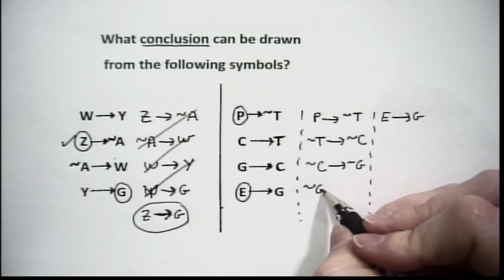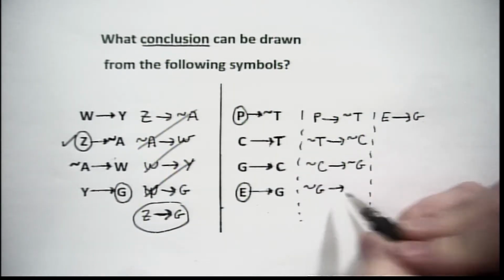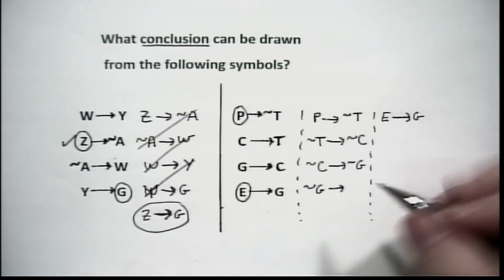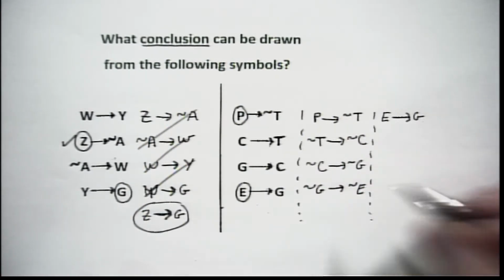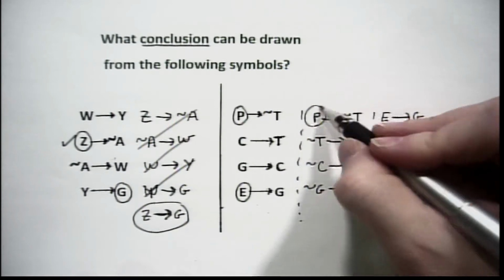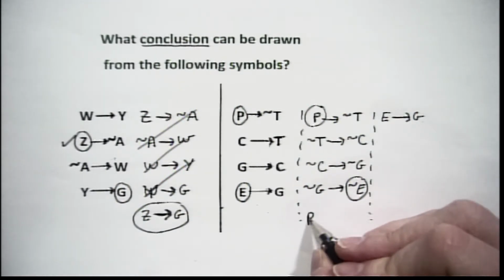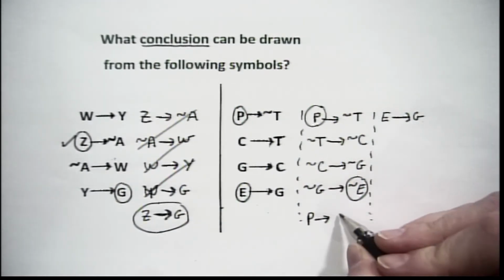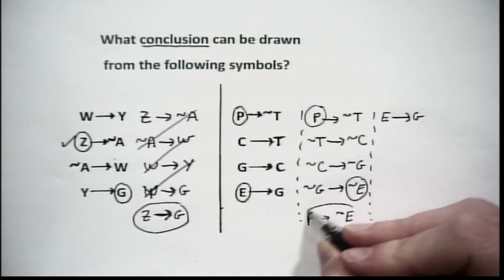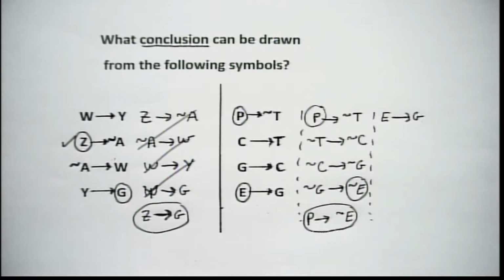Wow, we have really taken this thing and gone in all directions, haven't we? It's going to be not E. There's my P, and there's my not E. And that's okay, my friends, because that's actually the way it works. If P happens, we have to have the opposite of E at the end. So what this P is leading us to is not E. There's your value right there.